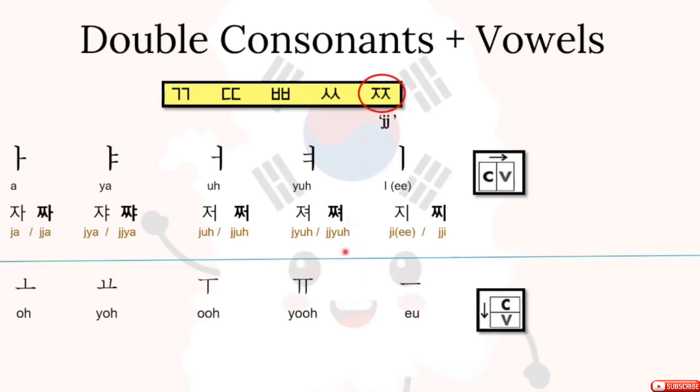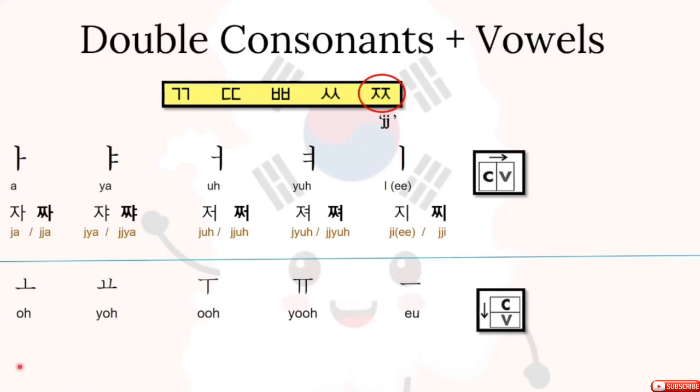So I don't know if you can tell the difference. 저, 저, 저. Okay. Next one, 이, 지 for single consonant, and 이, 지, and the double consonant, 지, 지, 지.